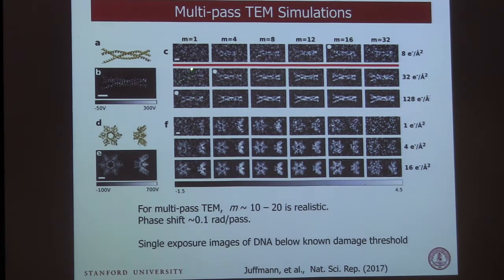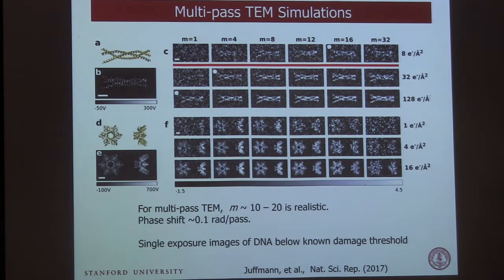And you can see that when you go up to 16 passes with a very low damage, the quality of that image, maybe you can quantify that quality by your ability to find features in the thing you're imaging, with some official metrics.